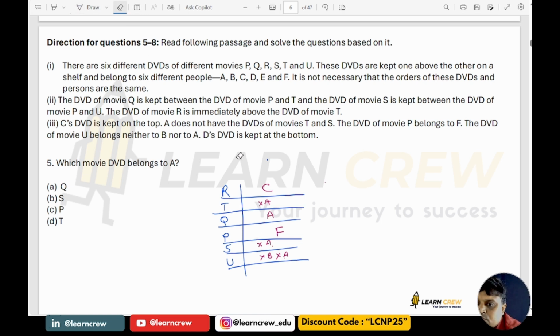Now A is fixed. Now the remaining are B, D and E.